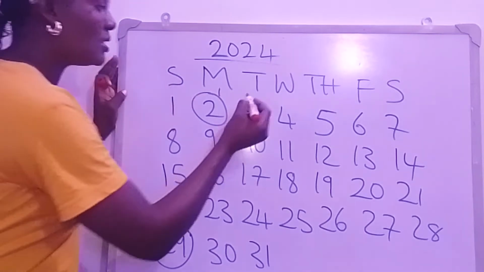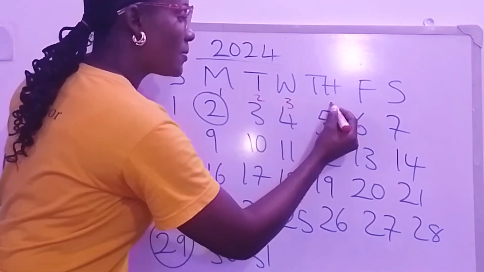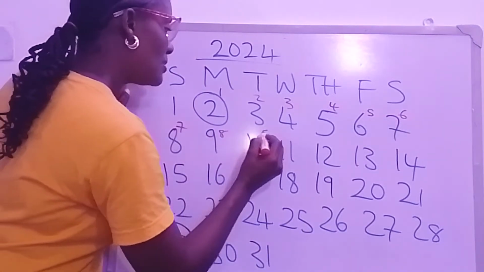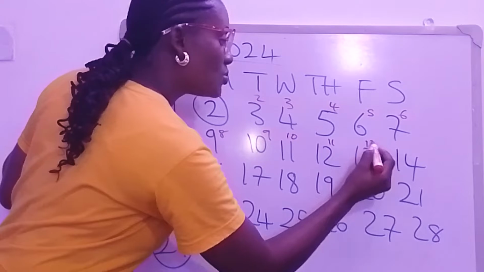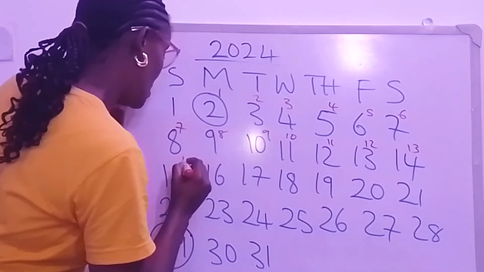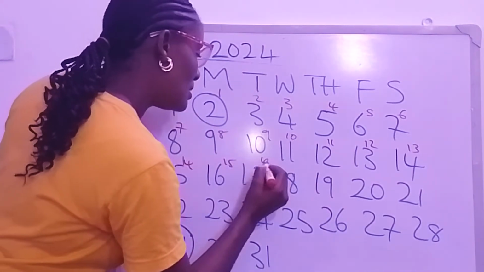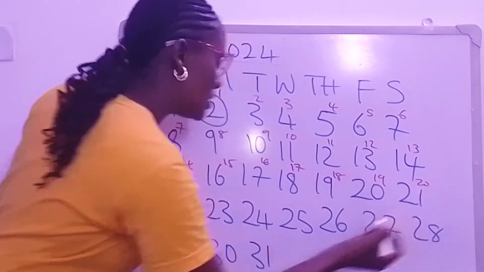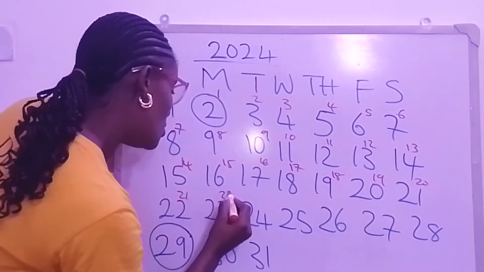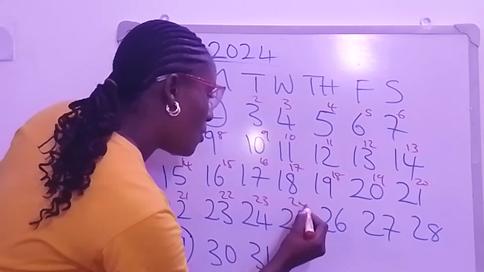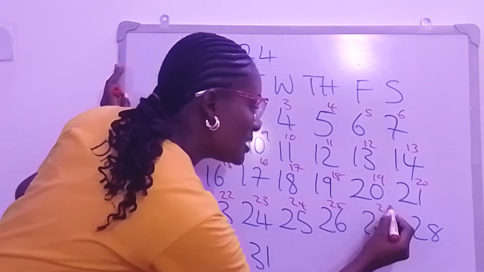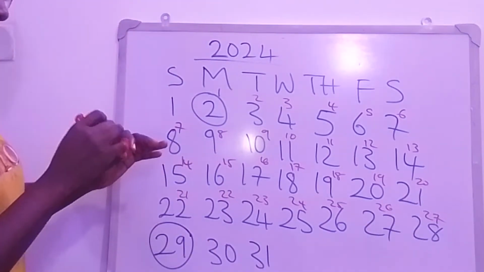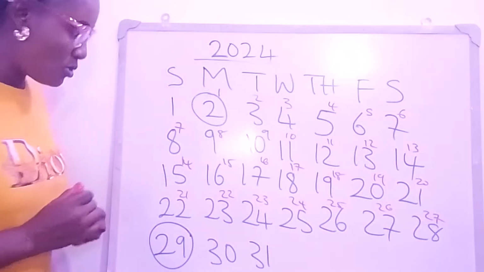This day 1, this day 2, this day 3, 4, 5, 6, 7, 8, 9, 10, 11, 12, 13, 14, 15, 16, 17, 18, 19, 20, 21, 22, 23, 24, 25, 26, 27. So this is a 27 days menstrual cycle length. So you write it down.